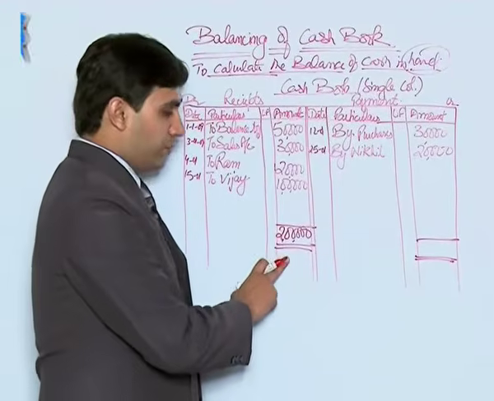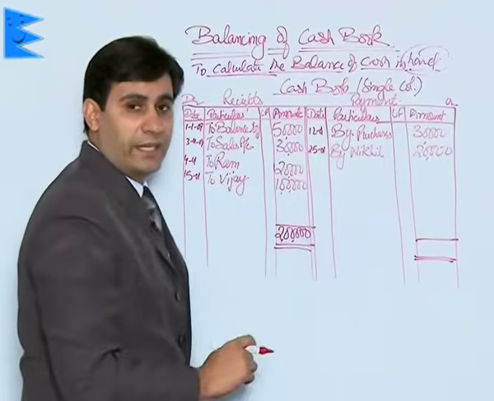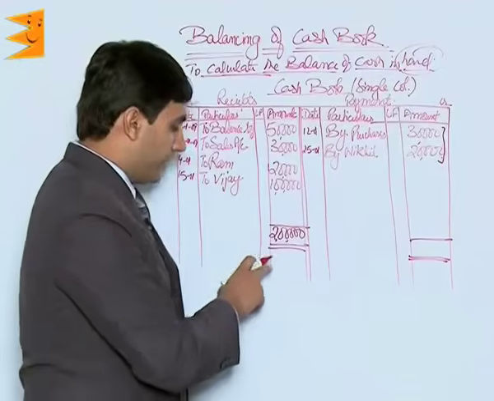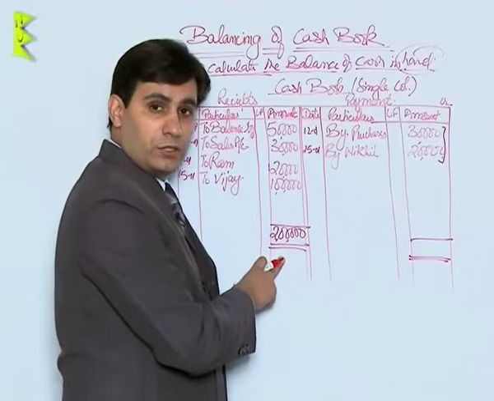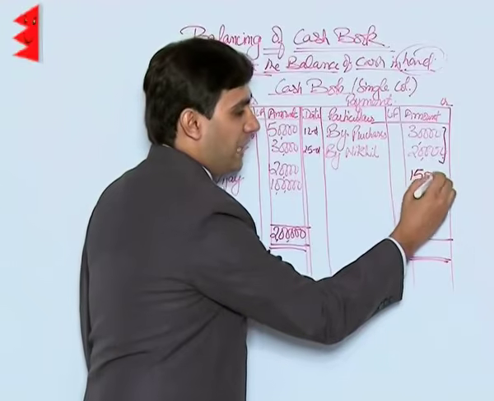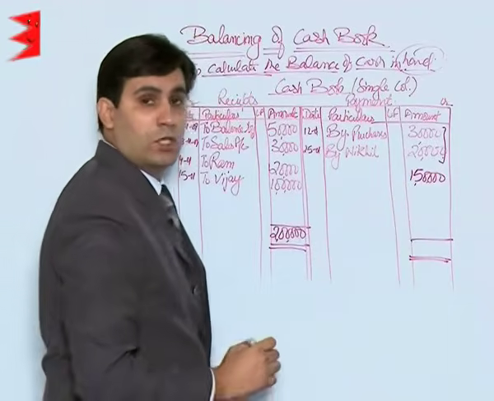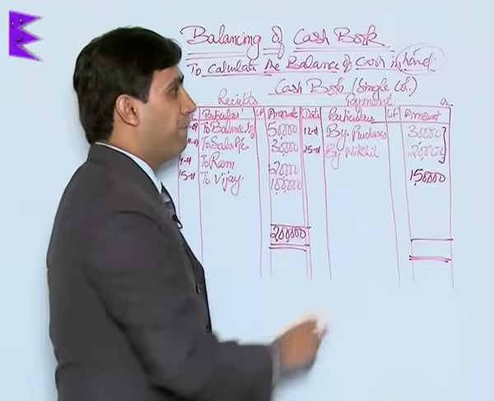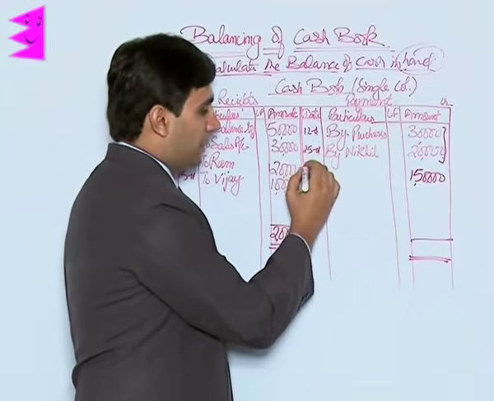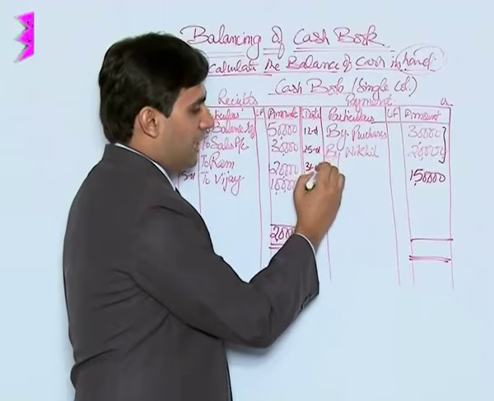So from this total, we deduct the total of the credit side, which in this case is 50,000 rupees. So deduct 50,000 from rupees 2 lakh, that is the balance amount is 1 lakh 50,000. So this would be the balance of cash in hand at the end of this month. This month ends on 31st January.